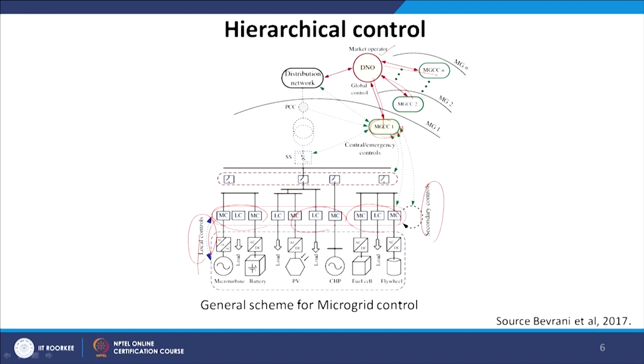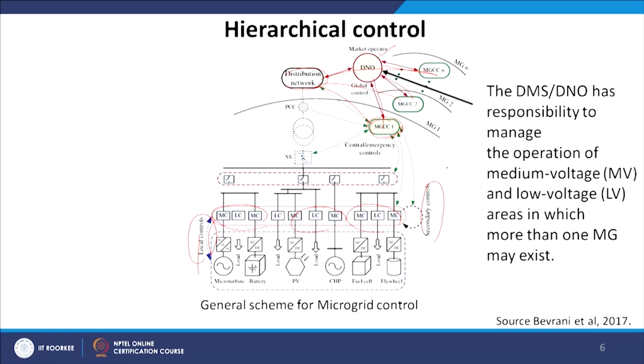And the microgrid control is connected to my distribution system, and the signal may come from each and every individual microgrid controller from different microgrids through the DNO. Now, what is a distribution network operator or owner?